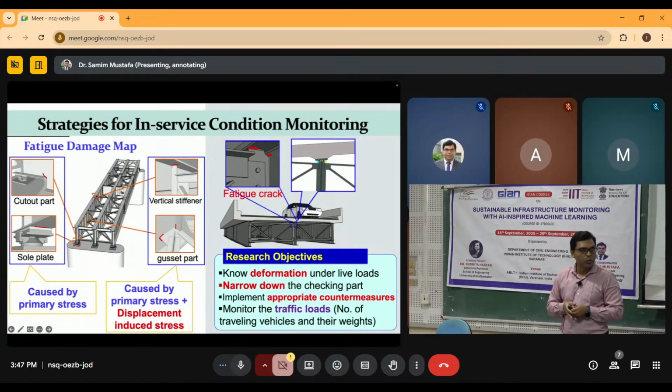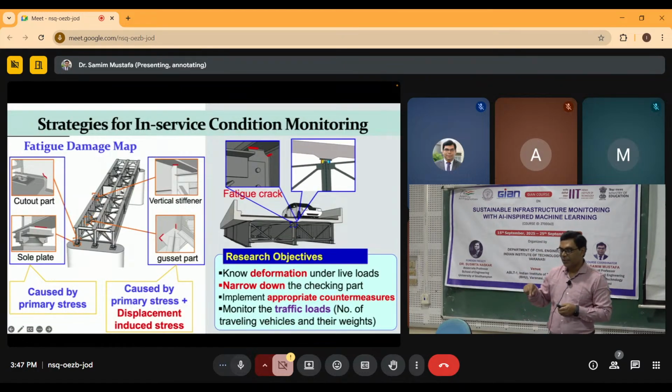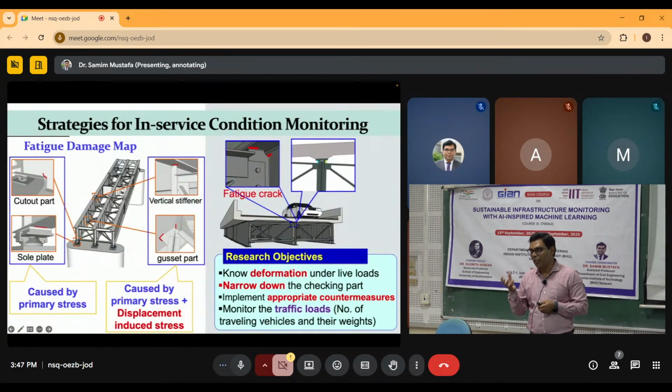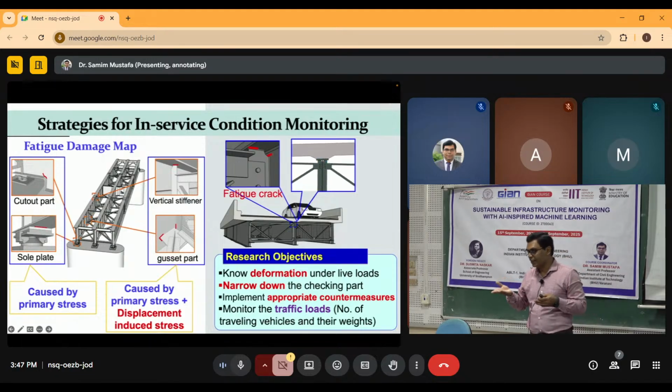So to overcome that, there is another methodology which is known as bridge weigh-in-motion. Just install the sensor on the bridge, so we convert the bridge to a weighing scale. You put the sensor at the middle of the bridge, underneath the bridge, not the top, underneath. So no one can see it.